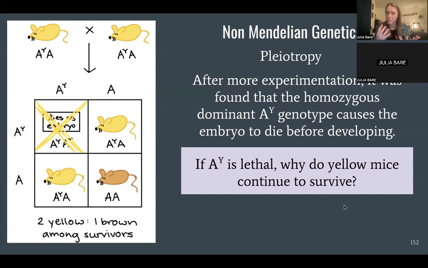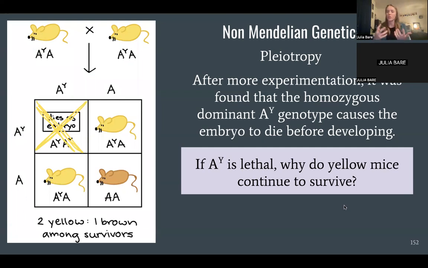So it's an interesting example of a lot of different characteristics that we have been talking about, right? This is an example of pleiotropy. And this is how you're able to get a 2-to-1 yellow to brown ratio among the survivors of this generation. Right? So if this characteristic is lethal, why are the yellow mice continuing to survive?